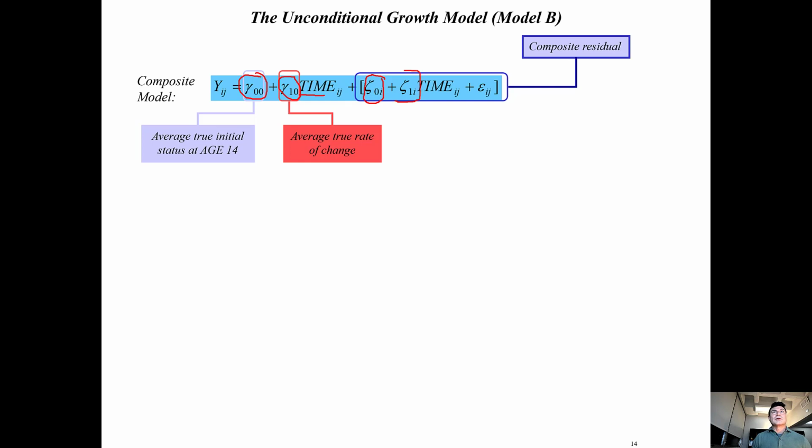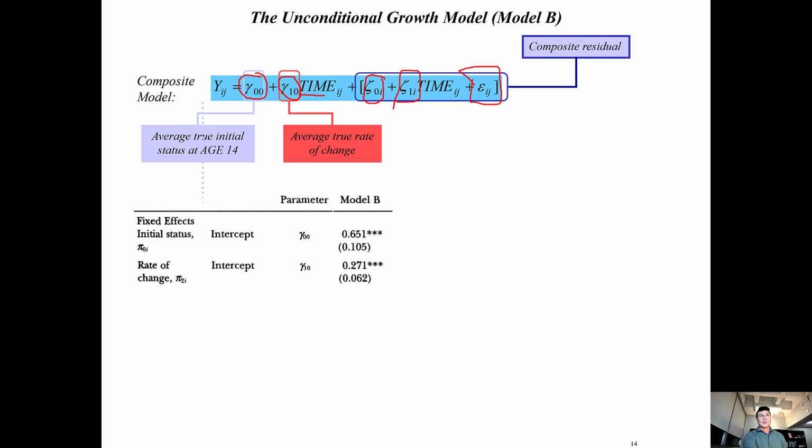We have a residual around the slope, so everybody gets their own slope. And then we have an error associated with not fitting that person properly. So let me walk through these in more detail as to where these come from.